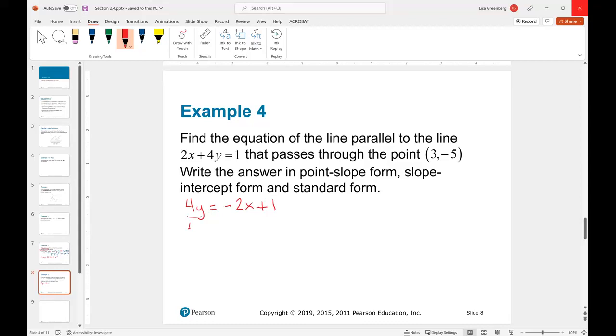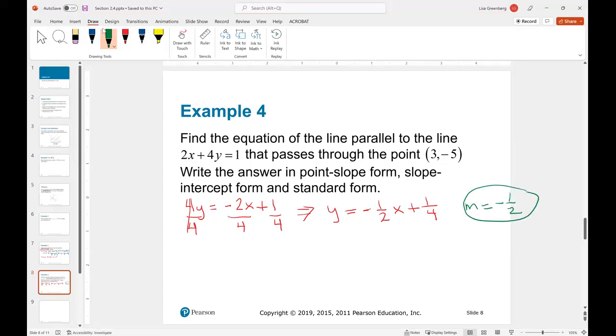Divide everything by 4, which gives me, these cancel, and I get y equals, and then negative 2/4 is really the same as negative 1/2 times x plus 1/4. And now I know that my slope is equal to negative 1/2, which is what I need, okay?